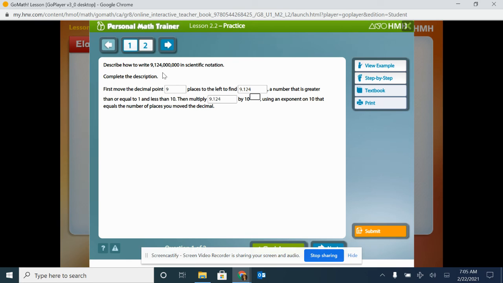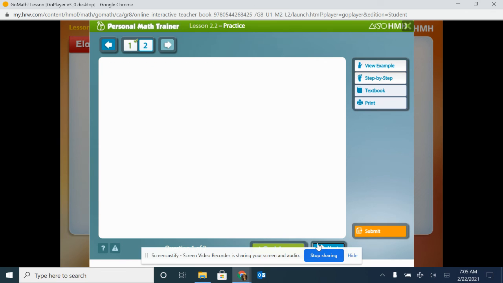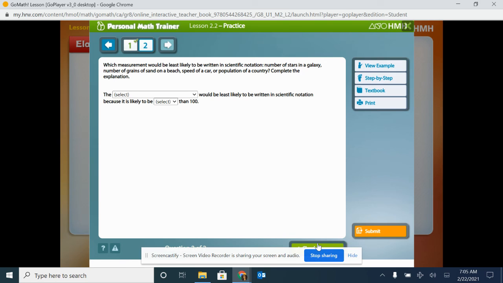Well, I put the decimal right after the 9, so there's 1, 2, 3, 4, 5, 6, 7, 8, 9 digits after the 9. So the exponent is going to be 9. Using an exponent on 10 that equals the number of places you move the decimal. 9 places I moved it. Now I got to check it. Got it. Yay.